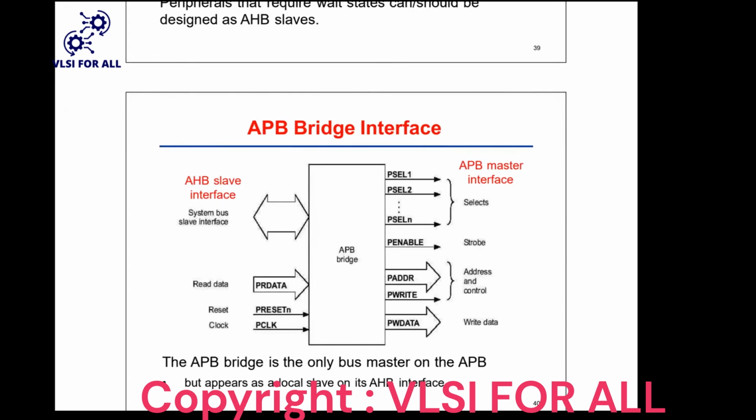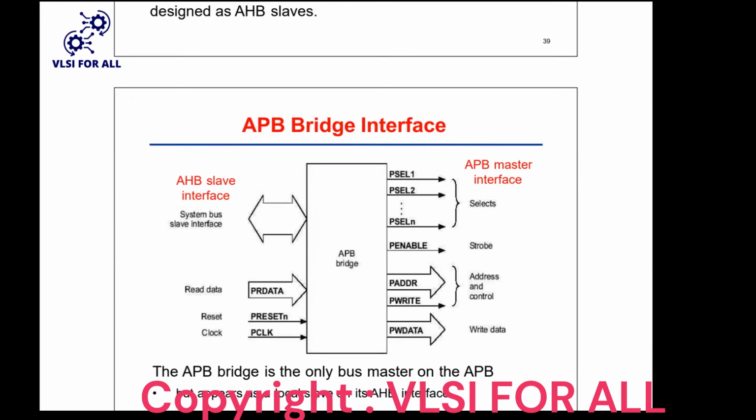In between we have APB; don't focus on the bridge, just consider it a simple APB interface or interconnection through which we establish the connection between the master and the slave. The master will give some data, and that data has to be driven to the slave as it is, but from the slave's point of view it has to get converted. That conversion is done through the APB interface. That is the APB interface's main job.